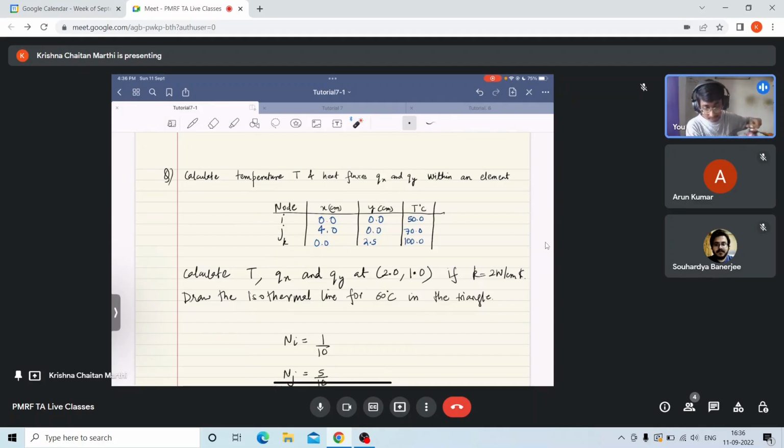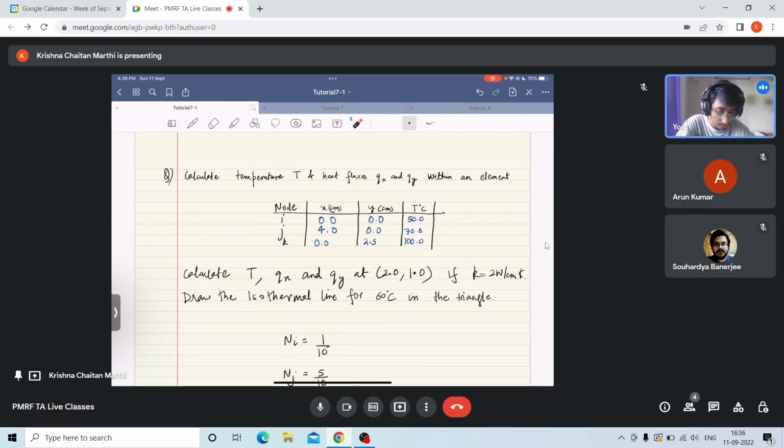At x equal to 0, y equal to 0, I have my node i, and the temperature is 50 degrees centigrade.